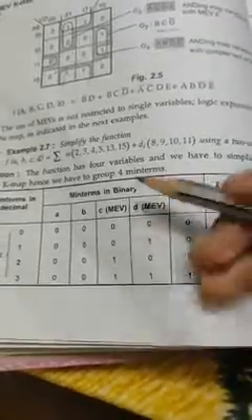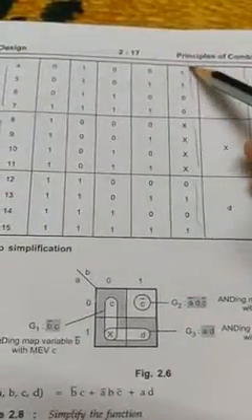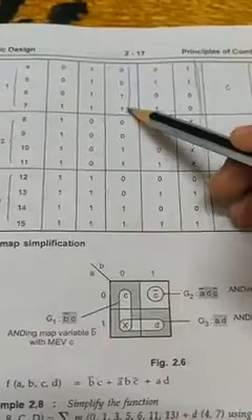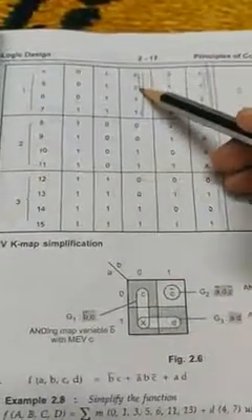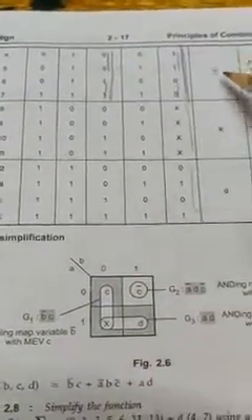So for 4 groups, look at here: 0, 0, 1 and 1. Look at the C column and the D column. This C column is 0, 0, 1 and 1, and function f is the same as C, so I wrote C. Next, 1, 1, 0, 0: function f is the reverse of C. Here 1 and 1, here 0 and 0; so function f is the reverse of C, so I wrote C bar.